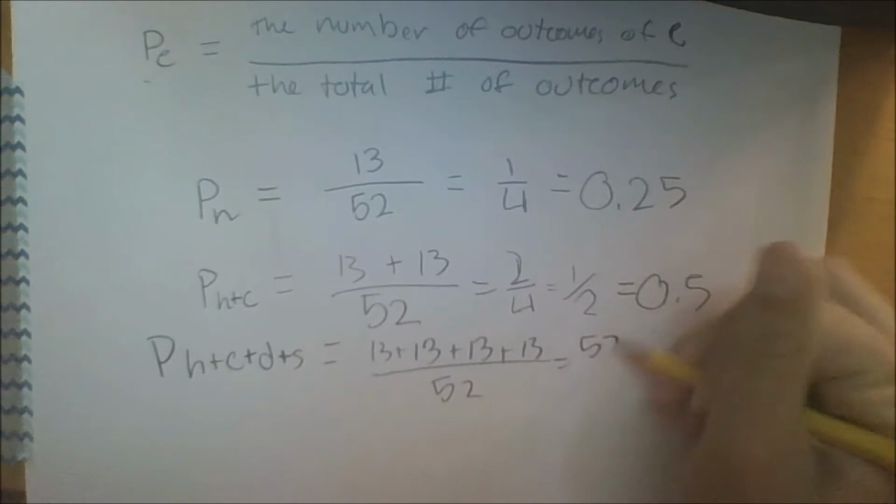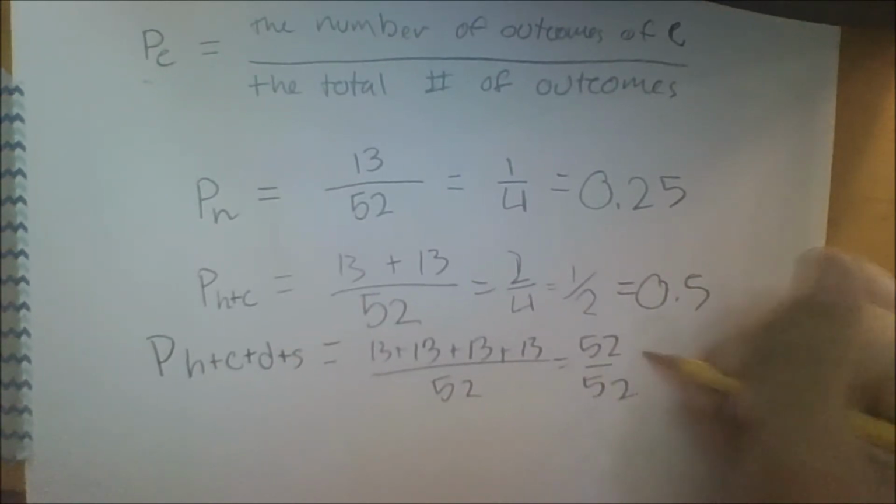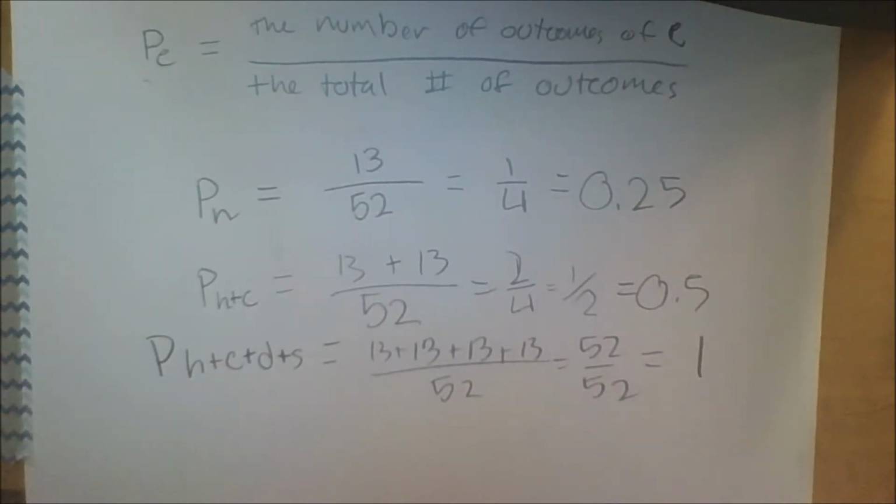So 52 over 52, or 1. So we can see that if your event is all the possible outcomes, over all the possible outcomes, it's going to equal 1.